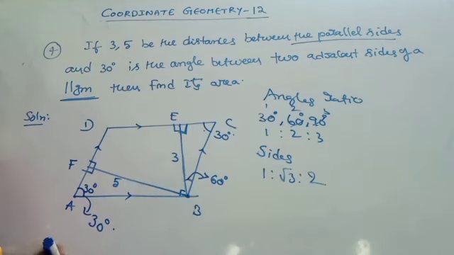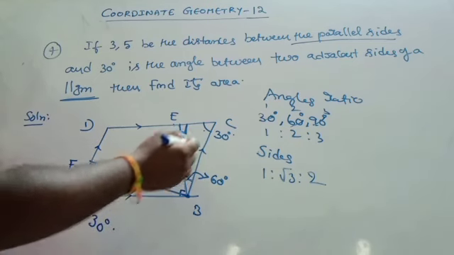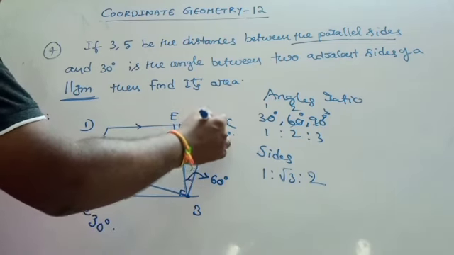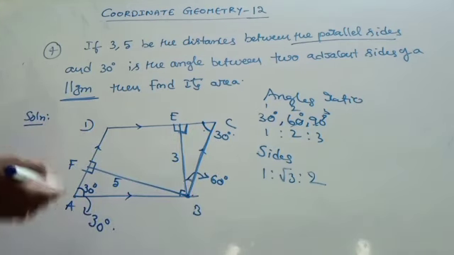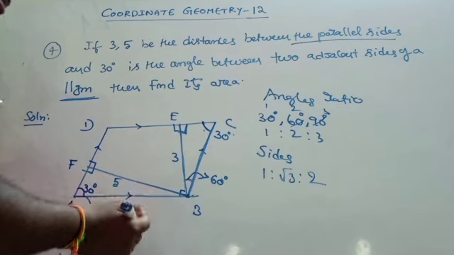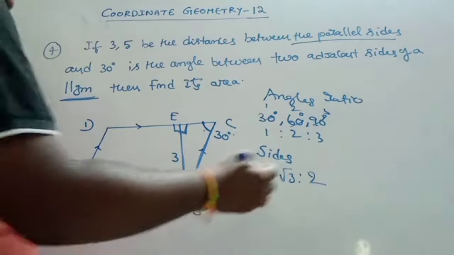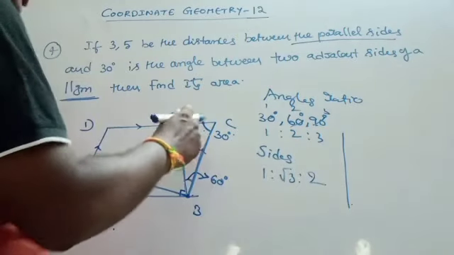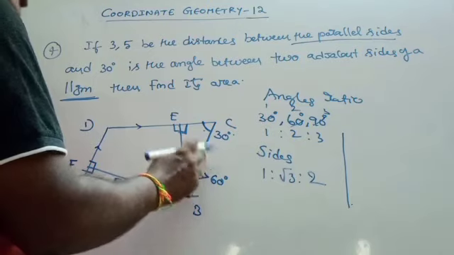Suppose if we know any one of the sides here, suppose I want to get this side, if I get BC as the side, how are we going to get the BC side? We can apply a trigonometric ratio, any one trigonometric ratio. This is 30 degrees. We know this opposite side, and the hypotenuse is this.